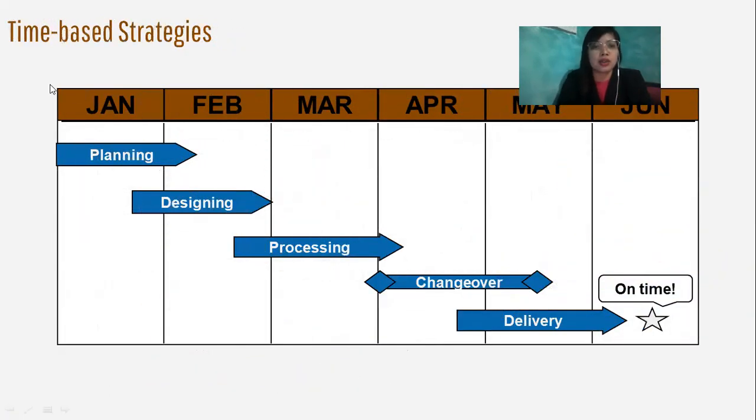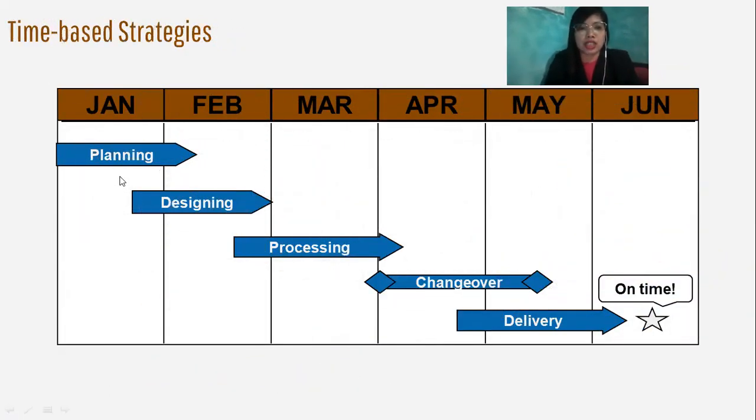Okay, so for an example of time-based strategies, we have January for planning, February for designing, March for processing, April for changeover or some adjustment, and May for delivery. And you have your products and services on time.